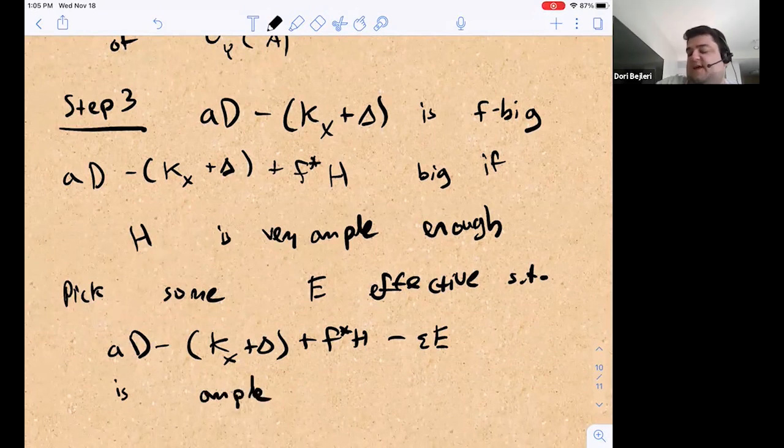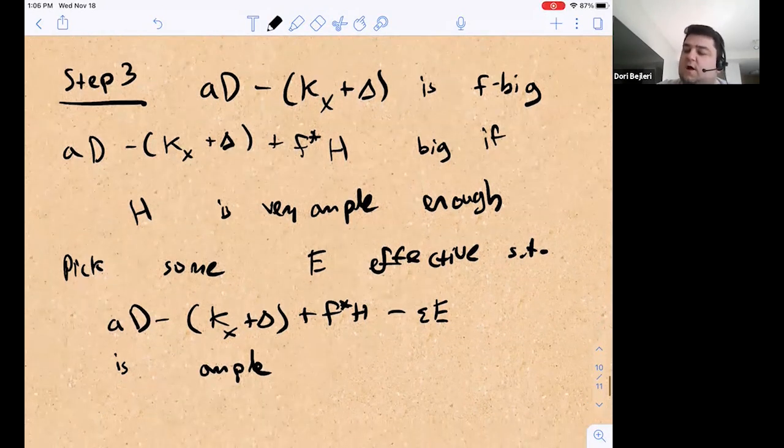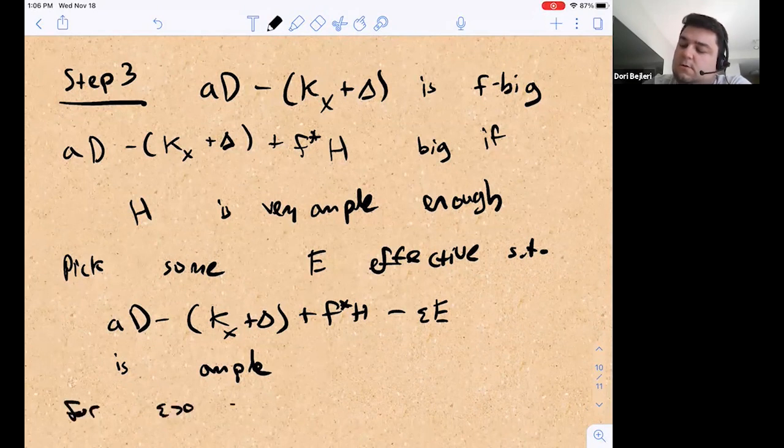And now, because we have this epsilon here, we can make epsilon small enough so that the pair (X, delta plus epsilon E) is KLT.